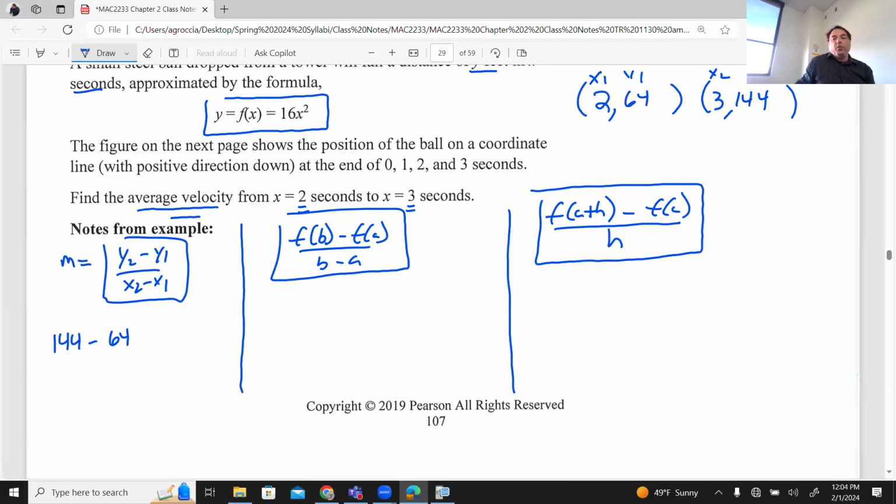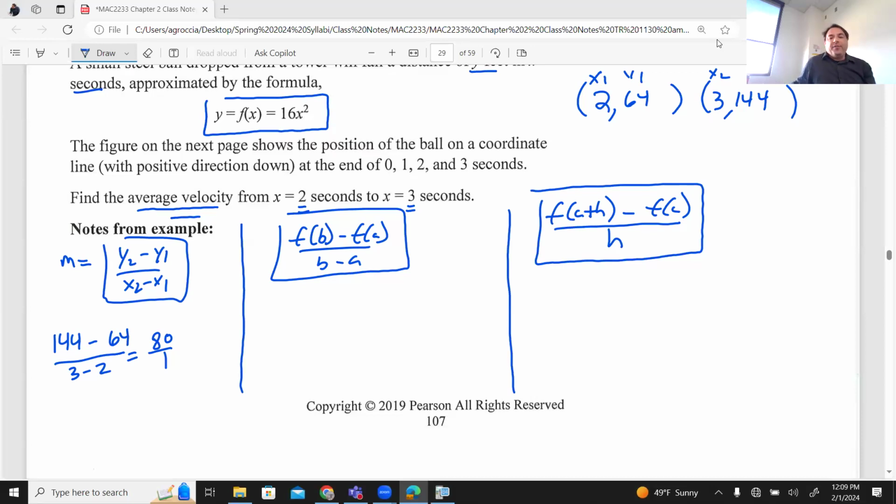So that's 144 minus 64 over 3 minus 2. That should give you 80 over 1. So you now know the other two, you should get 80 over 1. Once you all get 80 over 1, try to write it in a sentence.